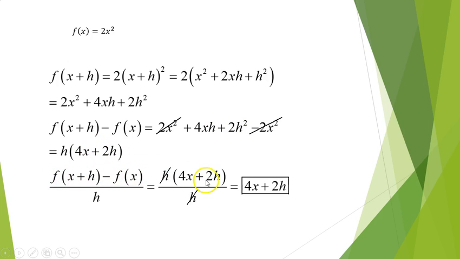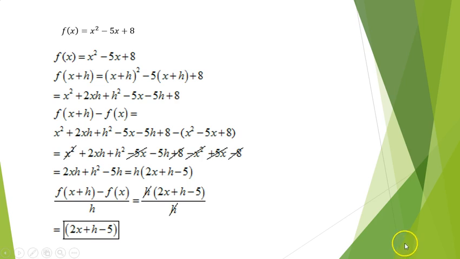Here's the numerator. We'll put it over h, and those h's will cancel. So for f of x equals 2x squared, the difference quotient is 4x plus 2h. Sounds strange, but that's where it comes from.